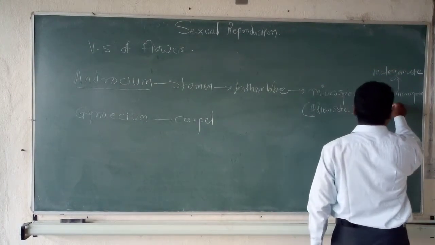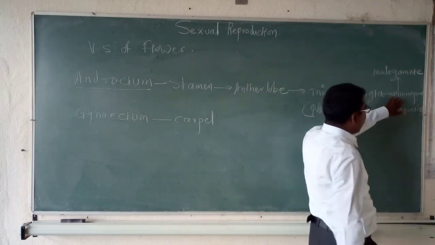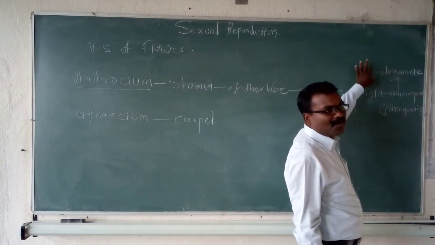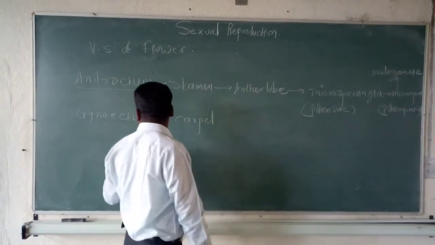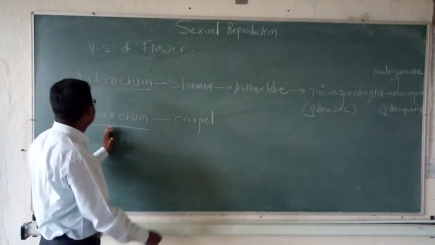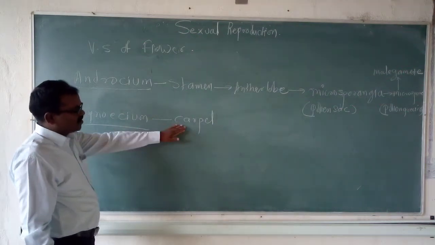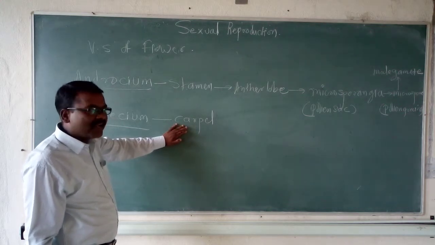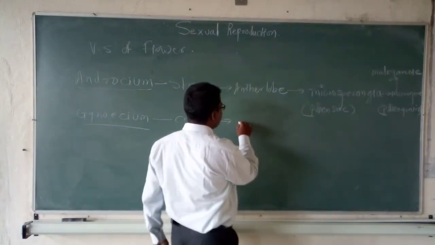Microspore is nothing but a pollen grain, and inside the pollen grain or microspore there is development of the male gamete. Likewise, another important whorl of the flower is the gynoecium. The individual member of the gynoecium is called the carpel. Carpel consists of stigma, style and ovary. Inside the ovary there is the megasporangium.